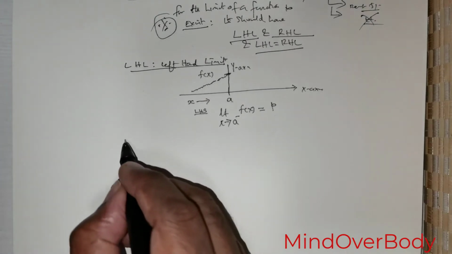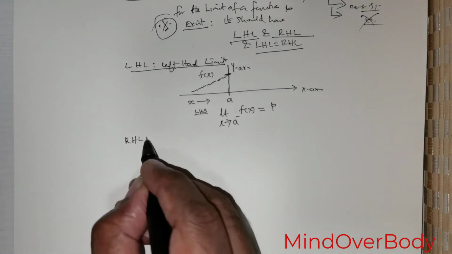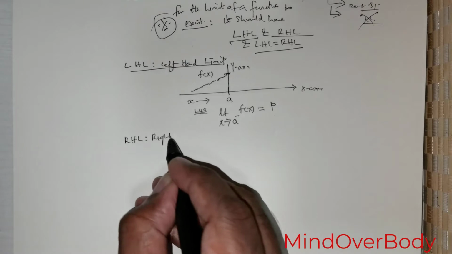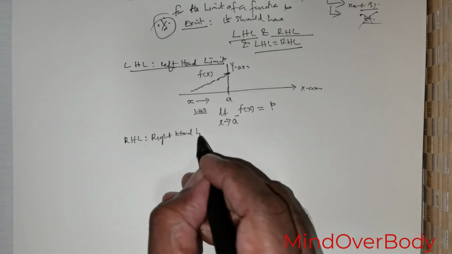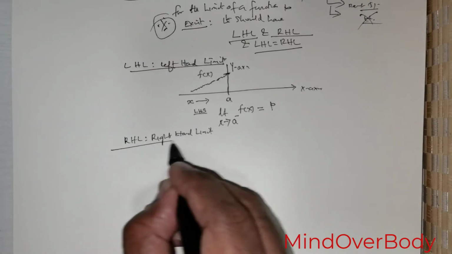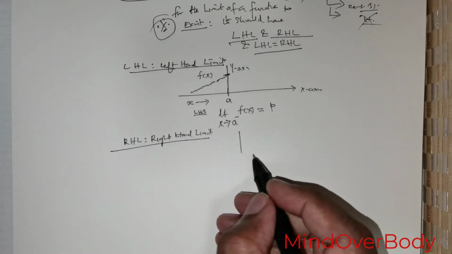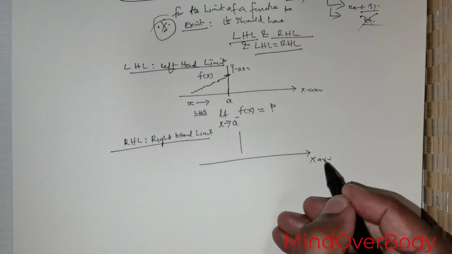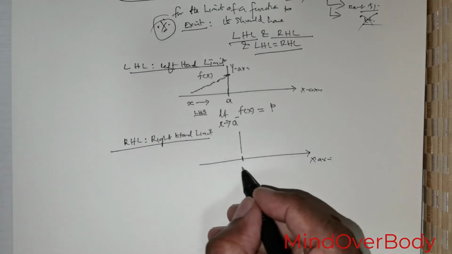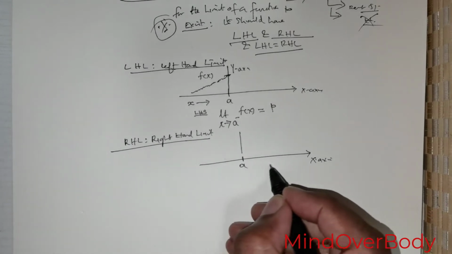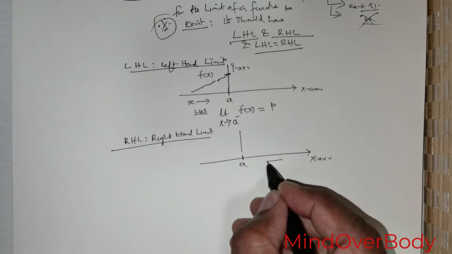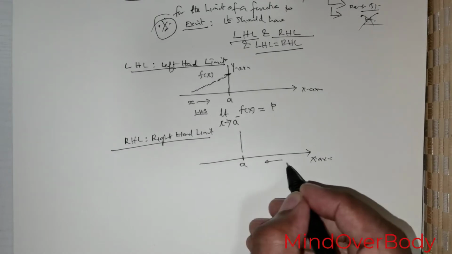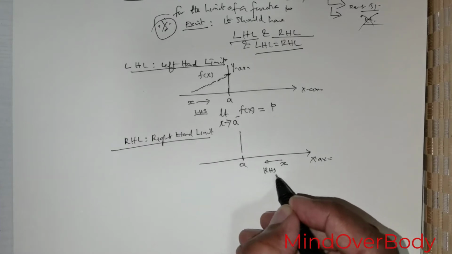Now let me explain to you what is called the right hand limit. Now we got the x-axis and we got the point A. Now x is approaching A from the right hand side. This is called the right hand side.